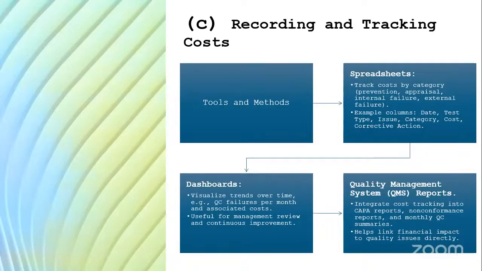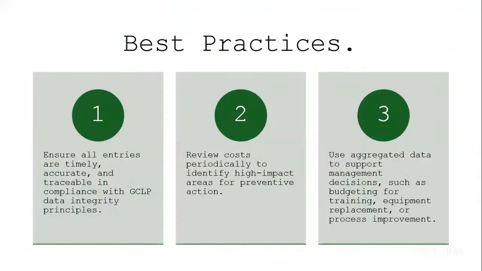Then quality management system reports: integrate cost tracking into CAPA reports, non-conformance reports, and monthly QC summaries. Very important. This helps link financial impact to quality issues directly. A quality issue should have a directly correlated financial impact. So that helps us sort that out.